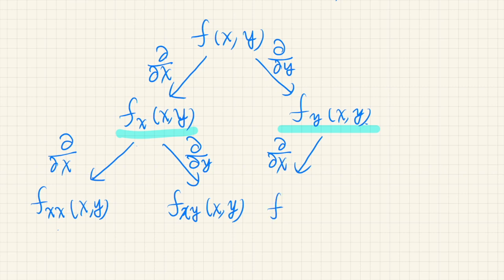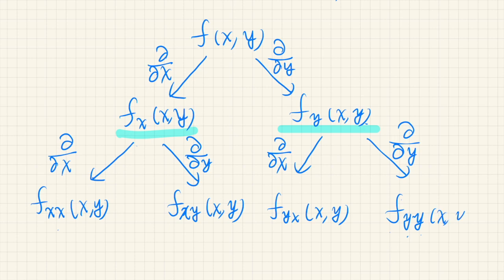So we have fyx of xy. Or we can differentiate with respect to y again to have another second derivative, that is fyy of x and y. So for a bivariate function, we may have four different second derivatives.